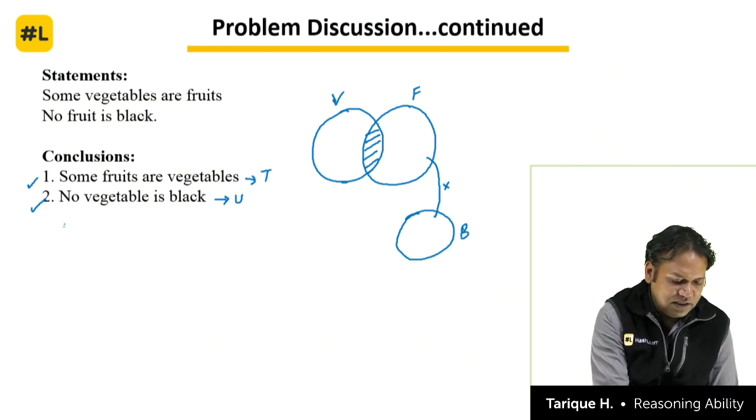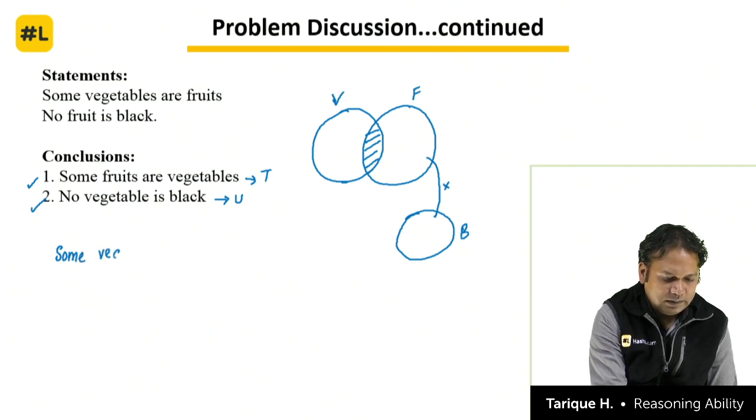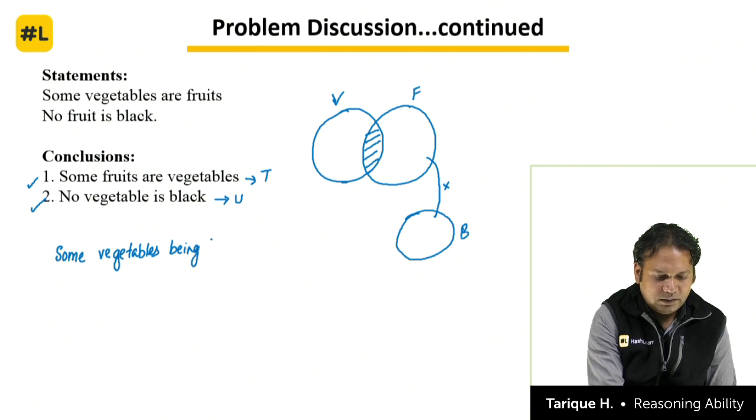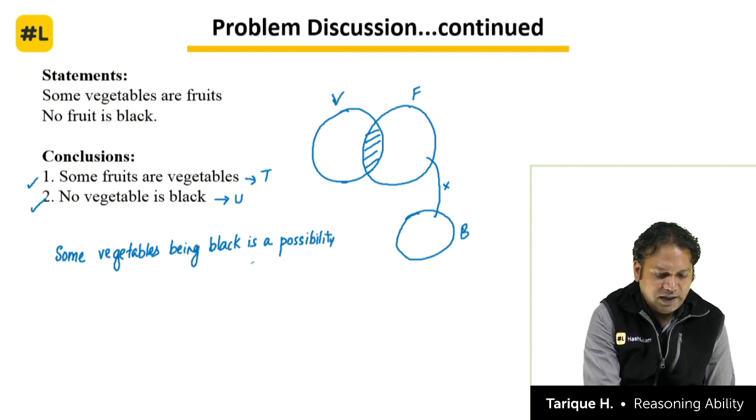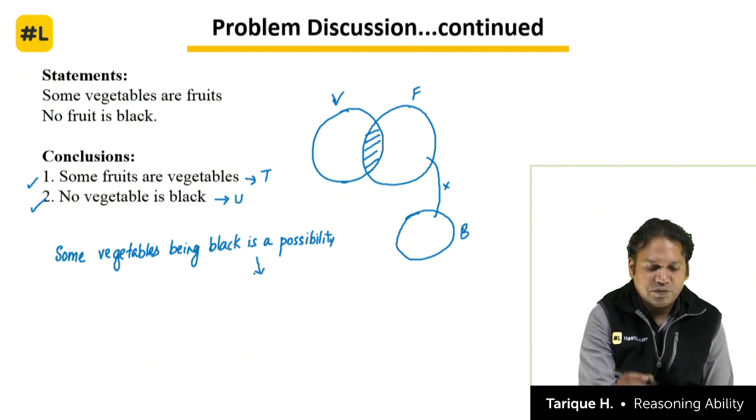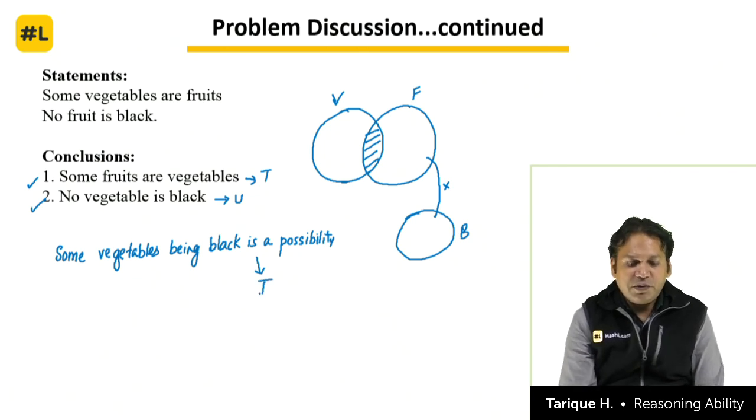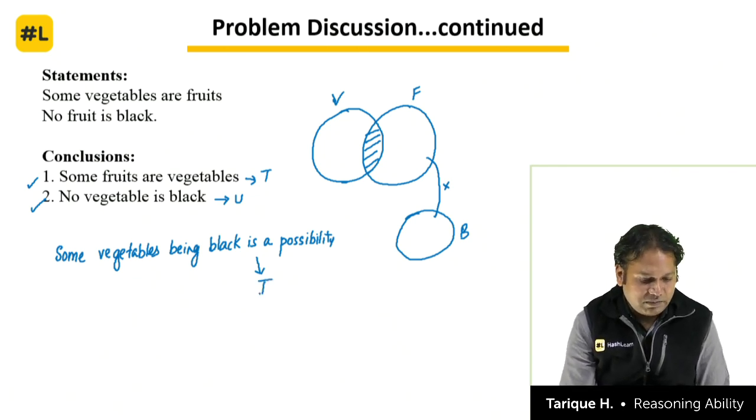If I had used the statement "some vegetables being black is a possibility" as one of the conclusions, then this conclusion would have become true, because we do not know the relationship between vegetables and black.